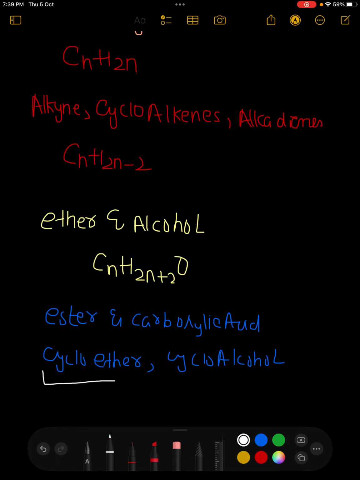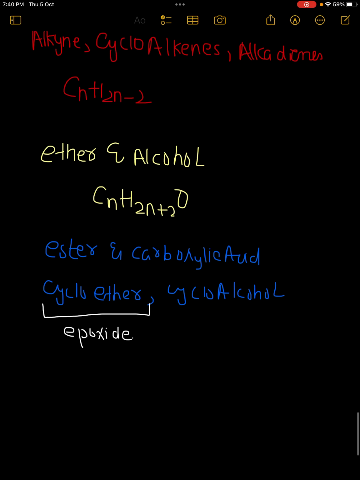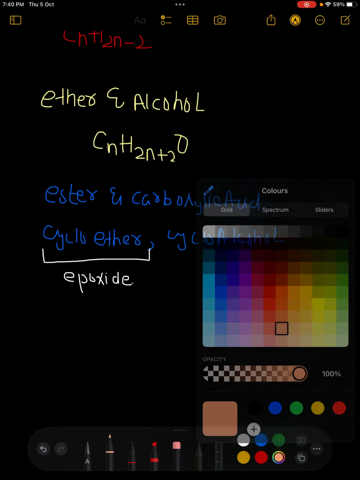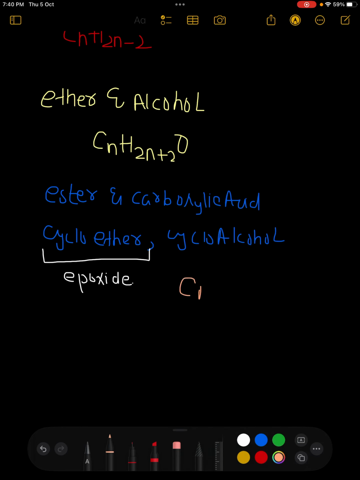Basically, this cycloether is also known as epoxide. So they also show functional isomerism. So their formula will be CnH2nO, right?